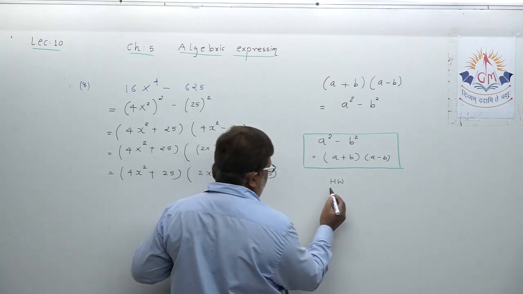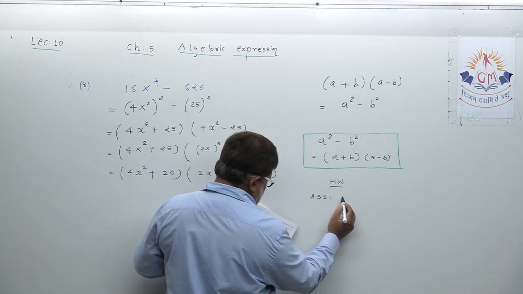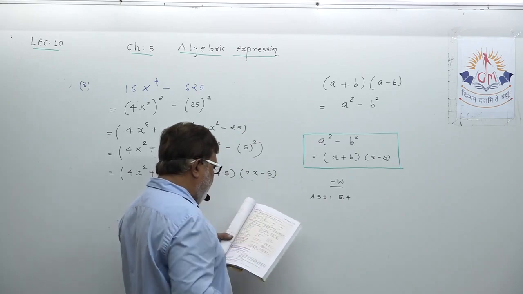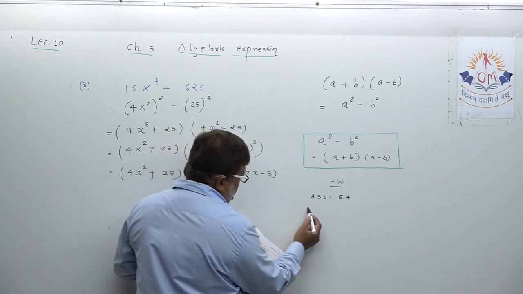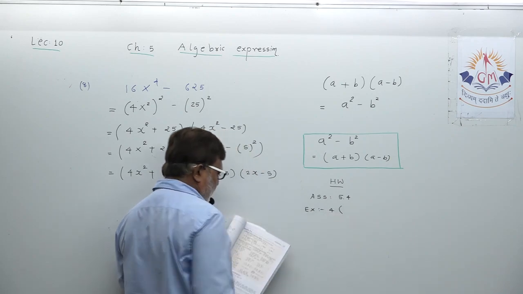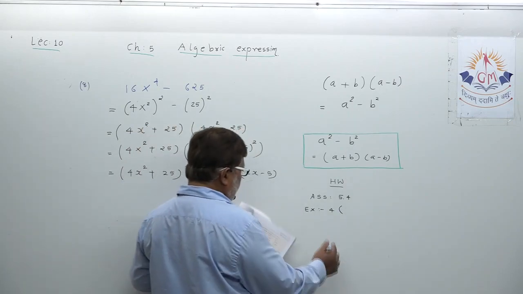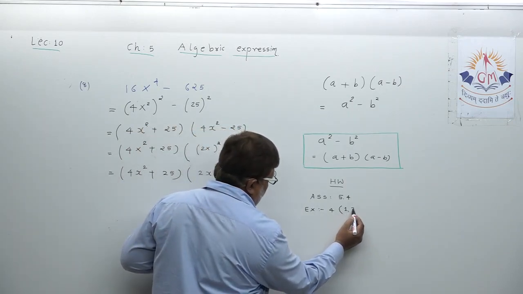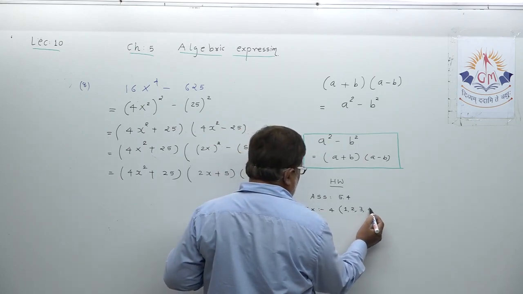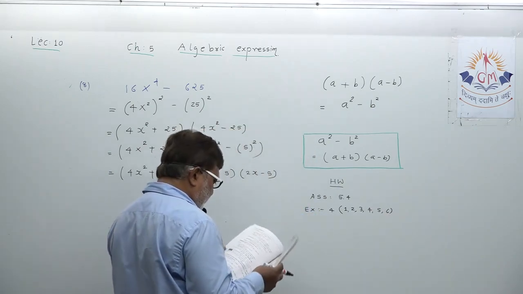First, assignment 5.4. Be very conscious how I am mentioning the order. Example 4, in the same order you have to write in your fair book. Example 4, number 1, 2, 3, 4, 5, 6. This is the first order of homework.